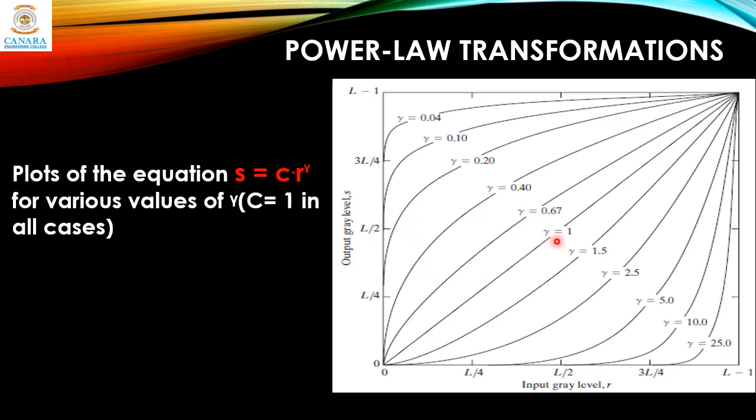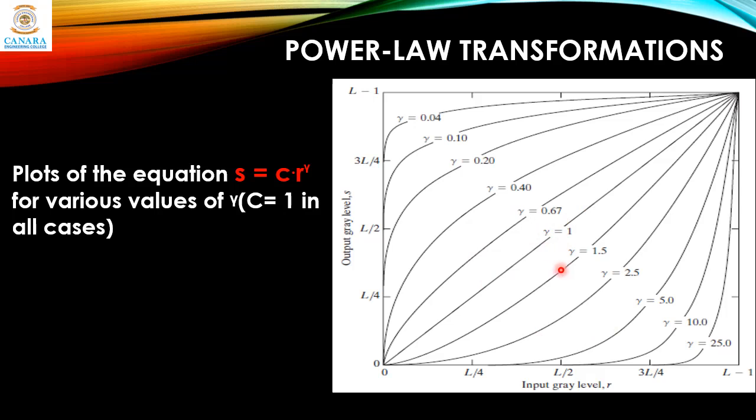And for gamma equal to 1, it's a linear transformation, input is equal to output. To recall, this graph has x-axis as input, y-axis is output. This is the transfer function basically, and here S is output and R is the input pixel value, and gamma is the factor which guides the shape of the curve.